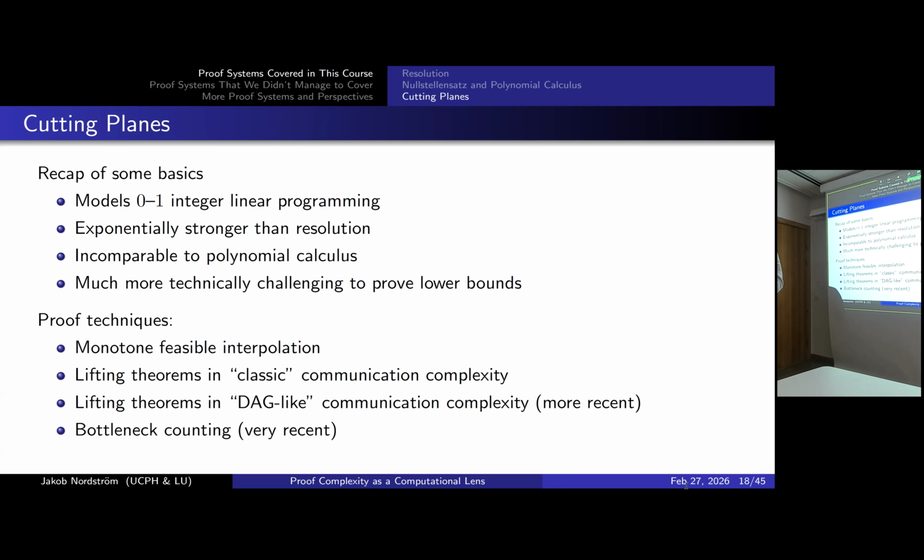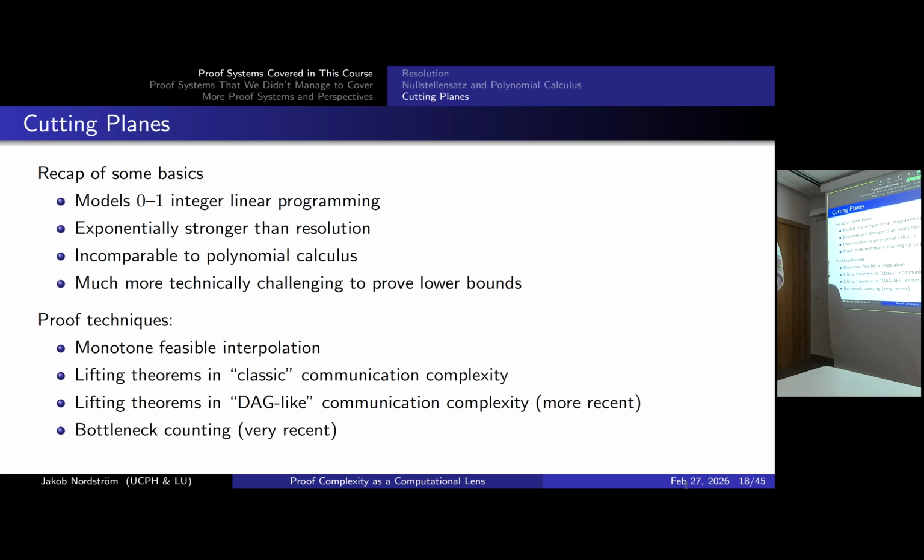Some of the most exciting, very recent results are studying DAG-like communication complexity, where for cutting planes, your DAG-like real communication is essentially the same thing as real circuits, but you view them with communication complexity classes. And some of the most advanced lifting theorems on the market today can then be used to prove cutting planes lower bounds.